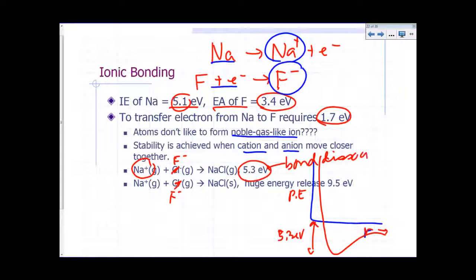If you have a sodium fluoride, this should be sodium fluoride, I'm sorry about that. If you have a sodium fluoride molecule in the gas phase, if a pair of sodium and fluoride ions stuck together in the gas phase, not in the solid, for them to be able to separate, somebody has to come in and give them 5.3 electron volts. Similarly, for these two ions in the gas phase to get stuck, somebody has to take away at least 5.3 electron volts for them to get stuck.